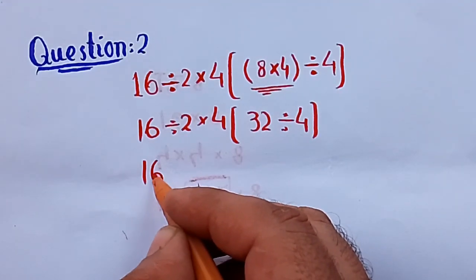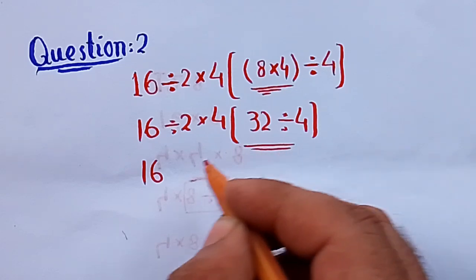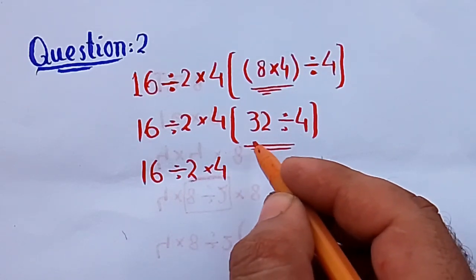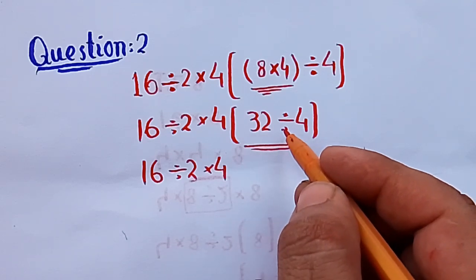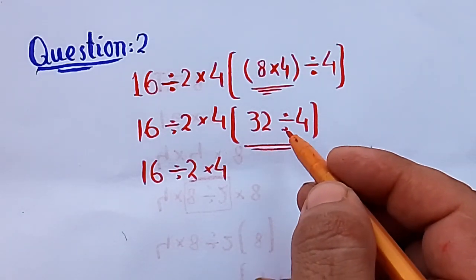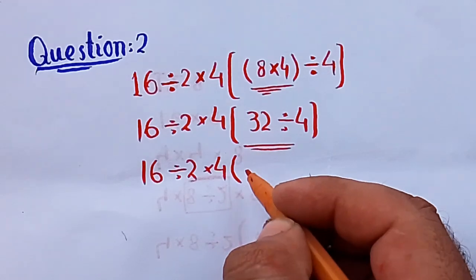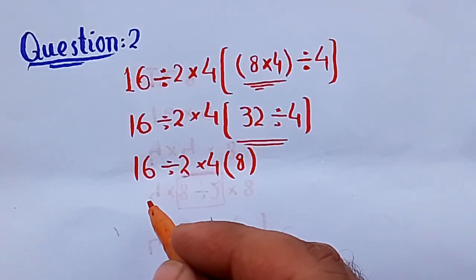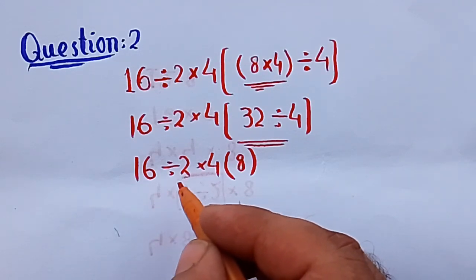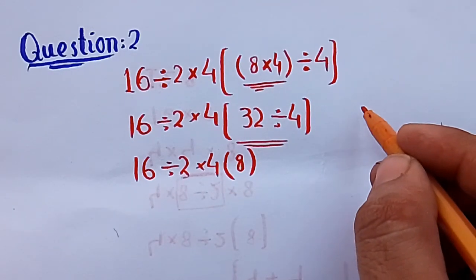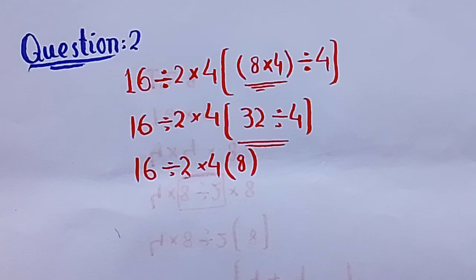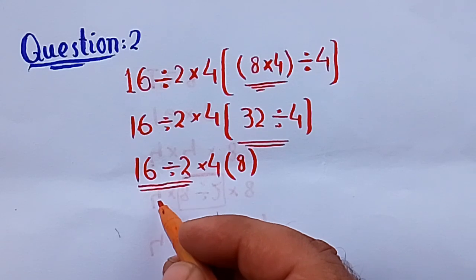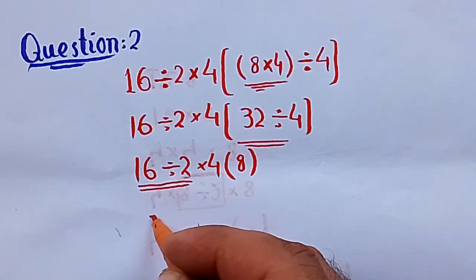After that we have to solve this bracket. 32 divided by 4 is 8, so we write that here. Now all the brackets have been solved, so we have to solve division, because according to the BODMAS rule, division will be solved first. So 16 divided by 2 is 8.